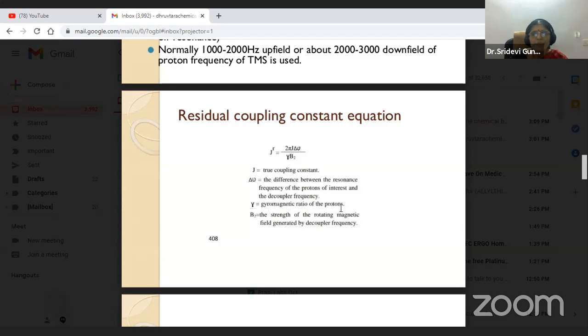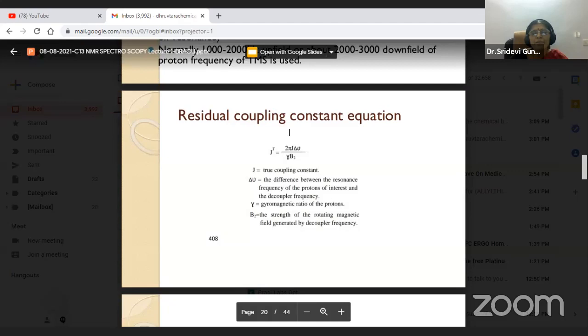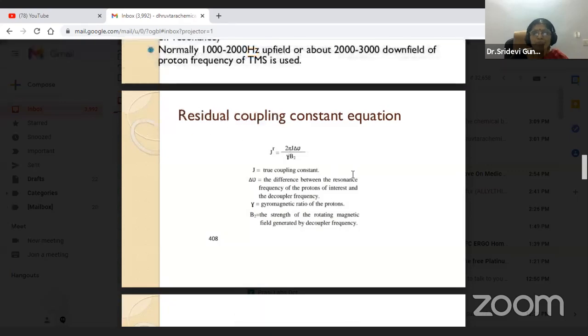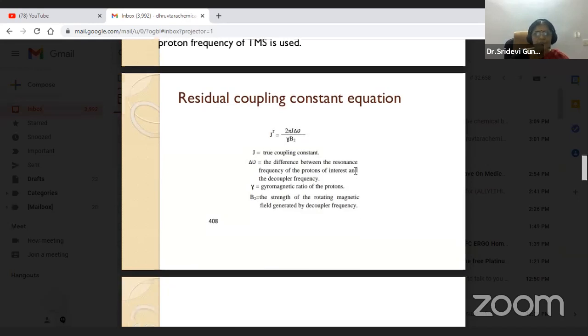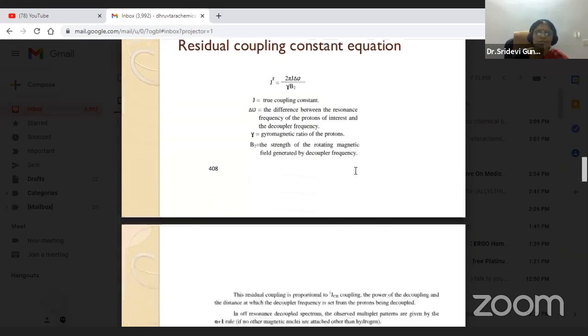Gamma is the gyromagnetic ratio of the protons. B2 is the strength of the rotating magnetic field of the decoupler frequency. That decoupler frequency, the proton frequency which we are using, will also generate a magnetic field, the rotating magnetic field.